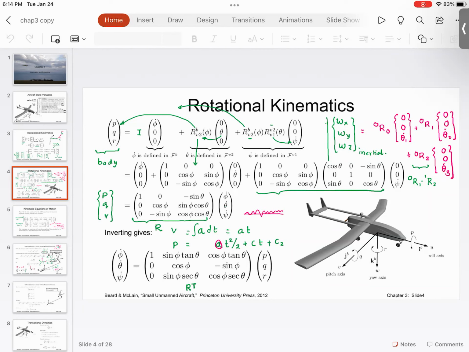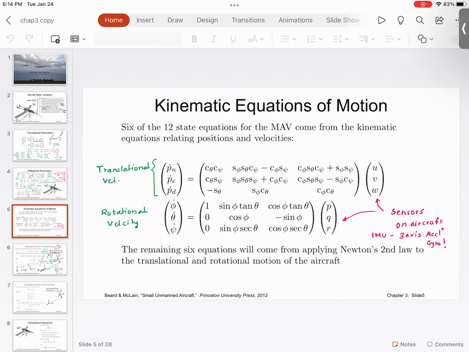Those are also called inertial angles. So at the end, these are the 6 kinematics equations, and they give you the complete aircraft kinematics, which means they give you position X, position Y, position Z, and orientation about X, orientation about Y, orientation about Z.